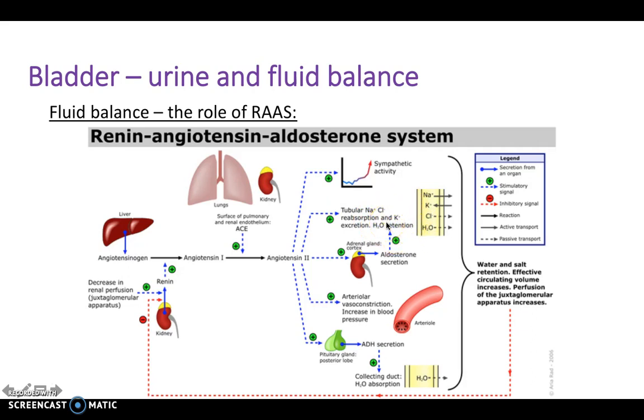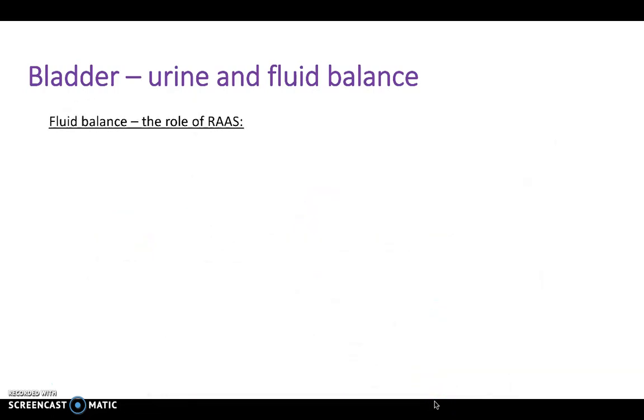In other words, we keep more H2O in the blood because we're keeping more sodium and chloride in the blood, and therefore this increases our extracellular volume, and therefore this also increases blood pressure, in combination with vasoconstriction and aldosterone secretion, which also contributes to this electrolyte reabsorption. Overall, we have a vast increase in blood pressure. As well as this, we also have ADH secretion, which means we have more H2O absorption, again contributing to an increase in extracellular volume.